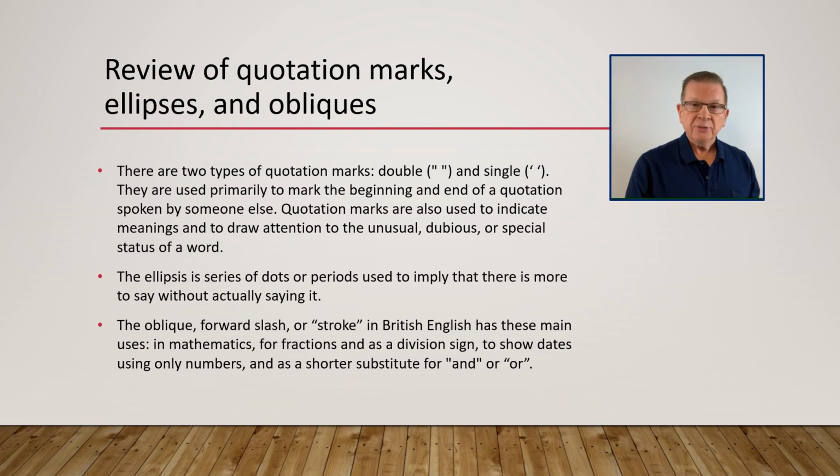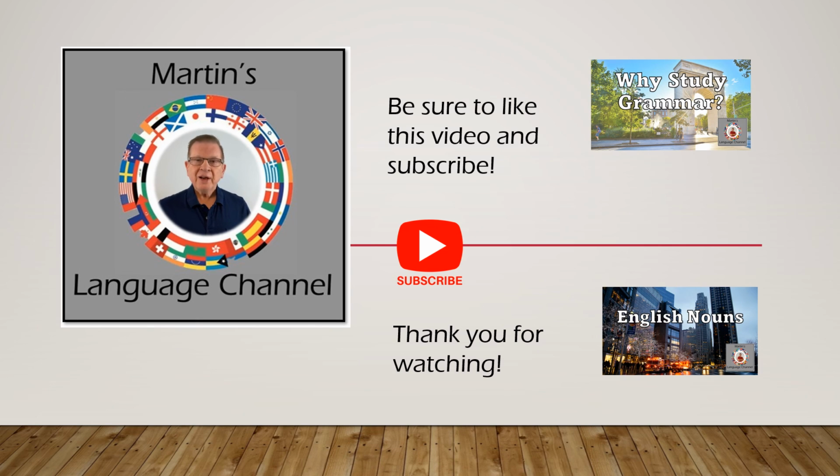The oblique, / or stroke in British English, has these main uses: in mathematics, for fractions and as a division sign; to show dates using only numbers; and as a shorter substitute for "and" or "or." So that wraps it up for today's video on quotation marks, ellipses, and obliques in English punctuation.